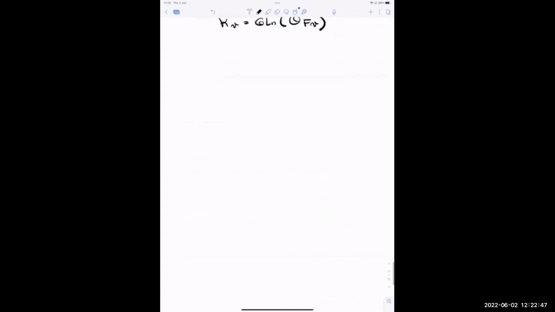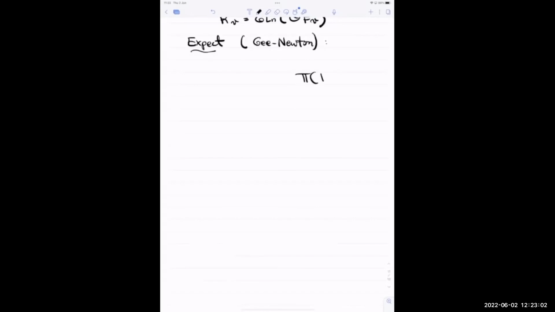So more precisely, what you expect, and this is something that's formulated maybe for GL_2, it's formulated in a paper of Gee and Newton, this conjecture. So you have your Hecke algebra, the faithful quotient completed at m and modulo this nilpotent ideal I. There's a universal deformation ring for the residual representation rho_m bar.